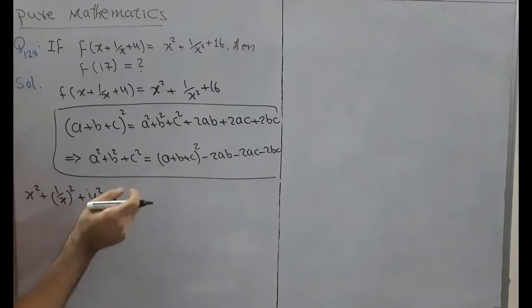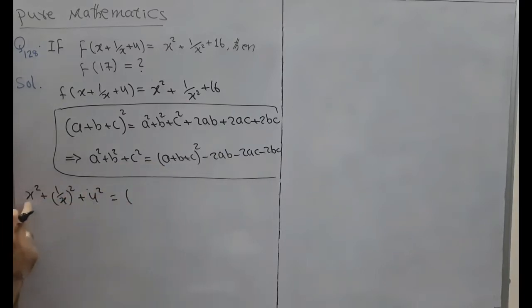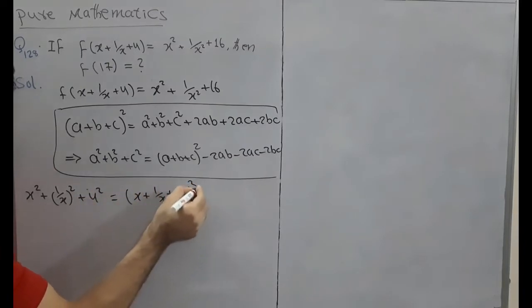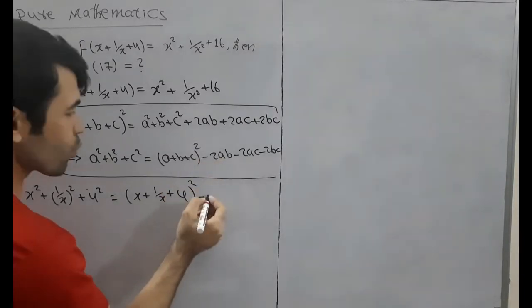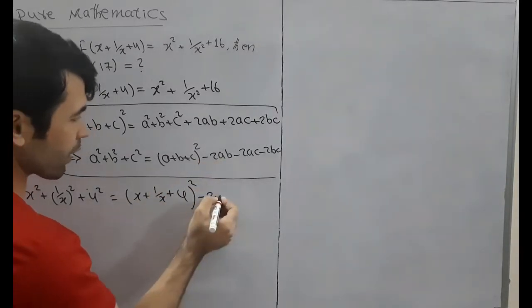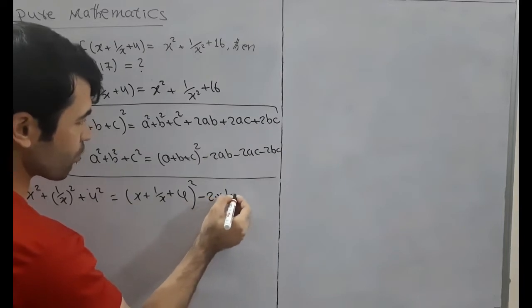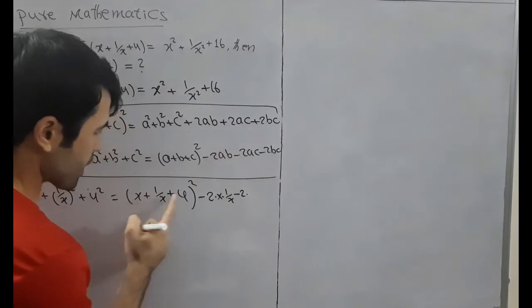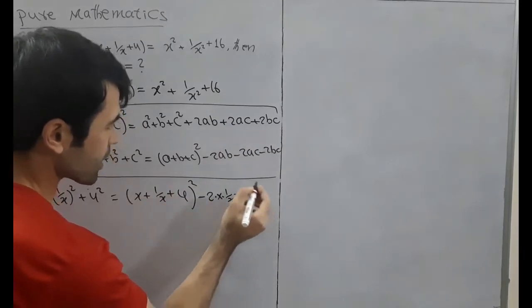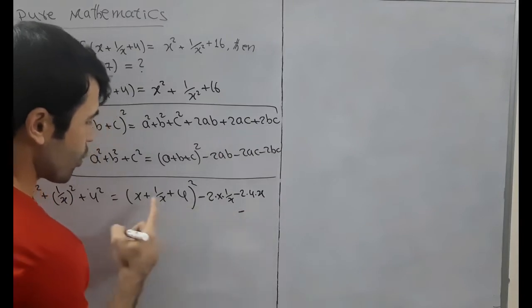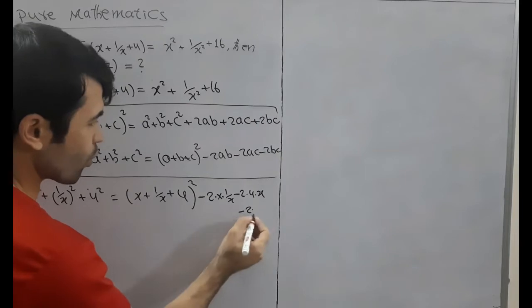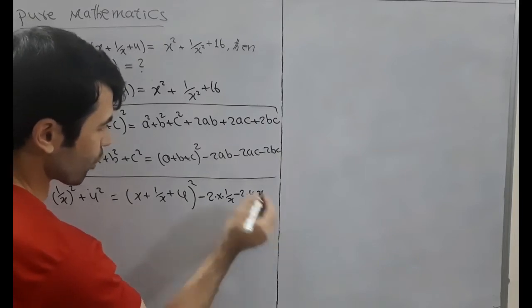According to this formula, we can write first term x plus second term 1 over x plus third term 4, whole square, minus 2 into x into 1 over x, minus 2 into x into 4, minus 2 into 1 over x into 4.